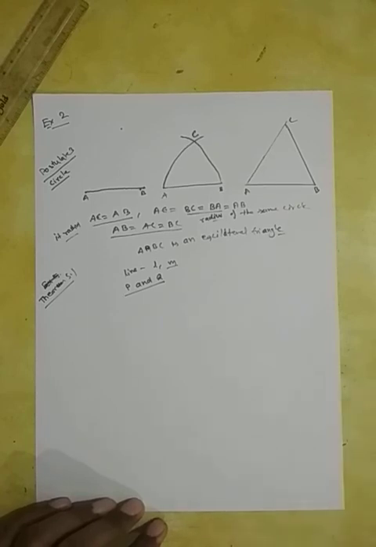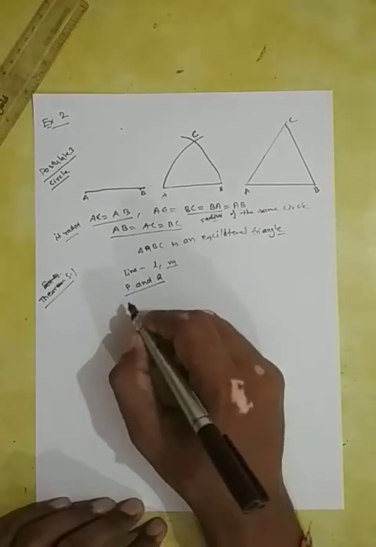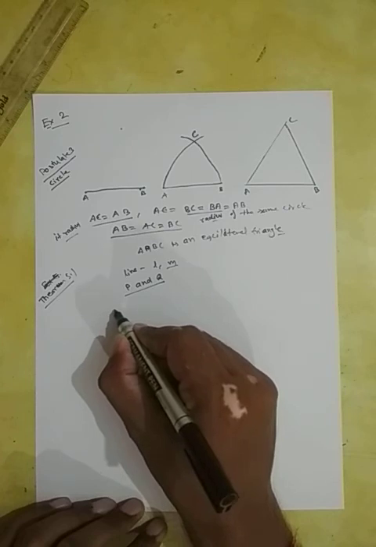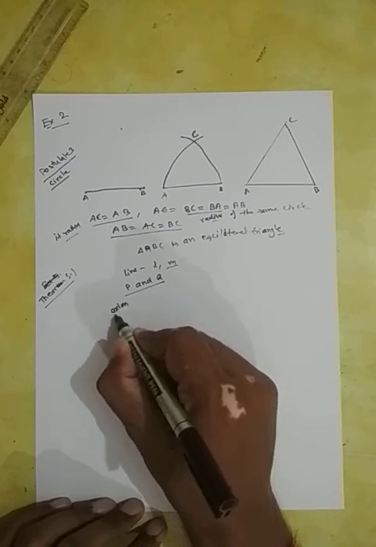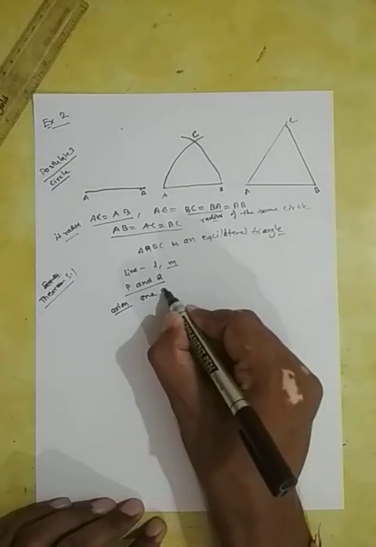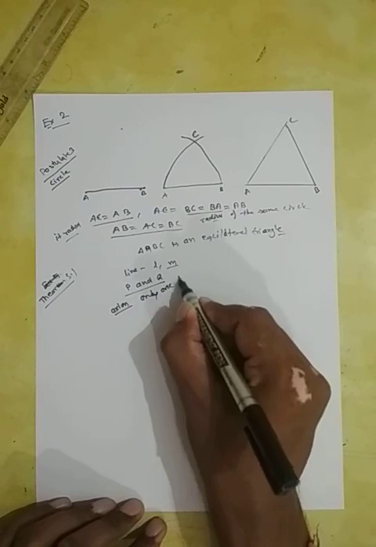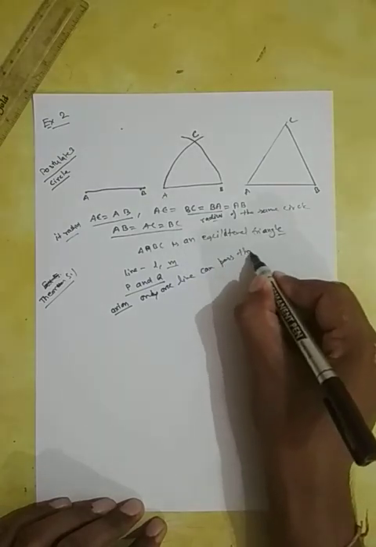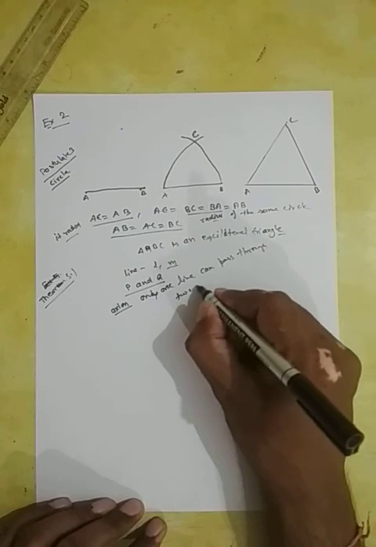So the assumption that two lines can pass through two distinct points is wrong, because of Euclid's assumption that only one line can pass through two distinct points.